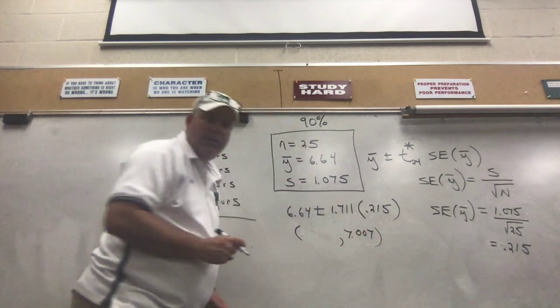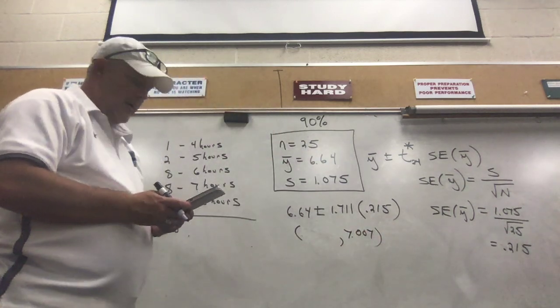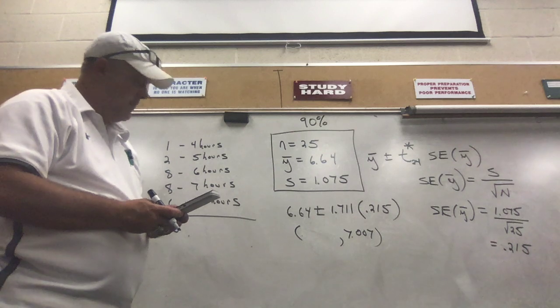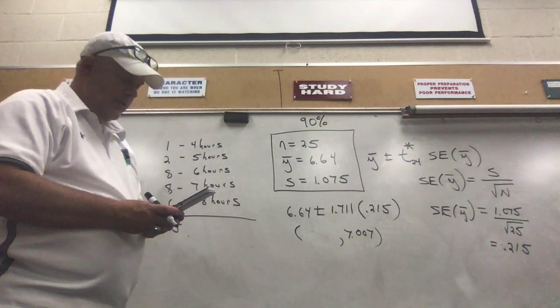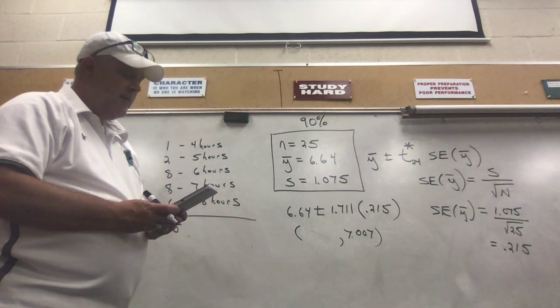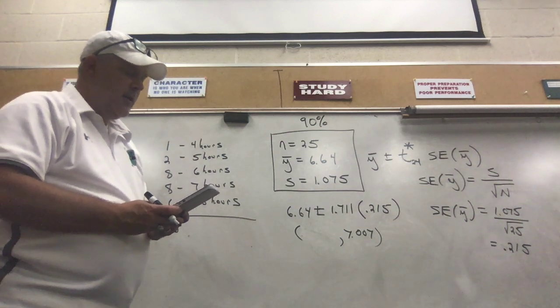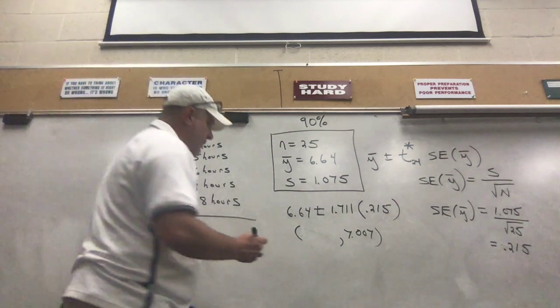And now 6.64 minus 1.711 times 0.215, and that's 6.27.